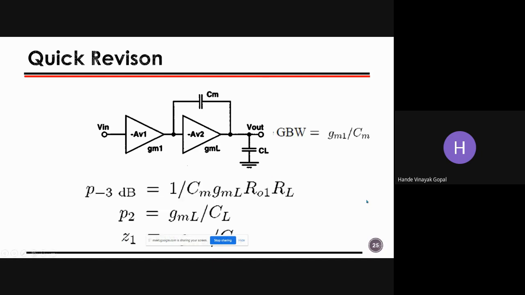And here again, the same thing I talked about. The minus 3 dB point is nothing but GM2 R0 and RL into CM, right? And P2 is GM2 by CL, that is the first non-dominant pole, and the zero is nothing but GM2 by CM, right?